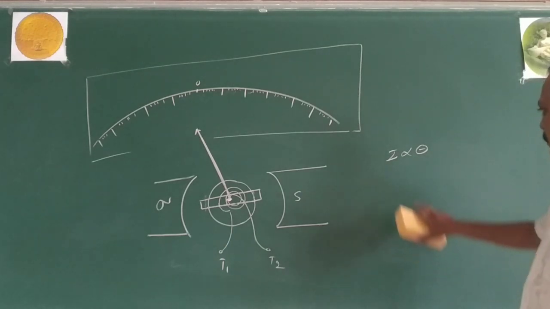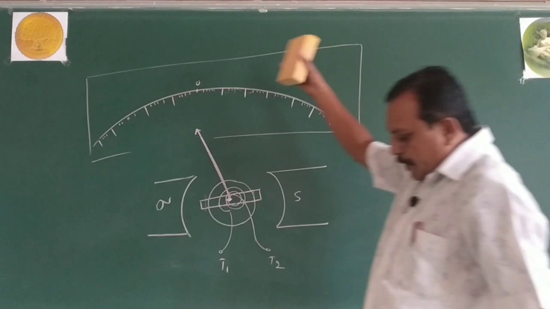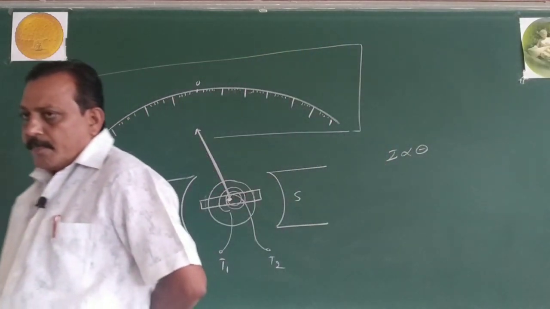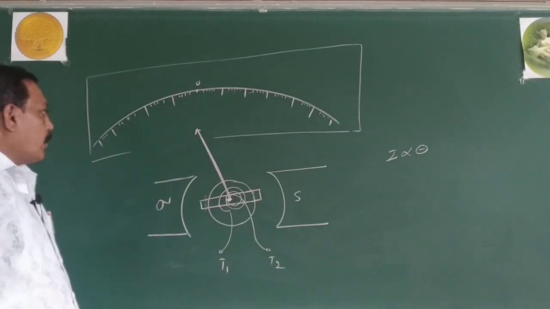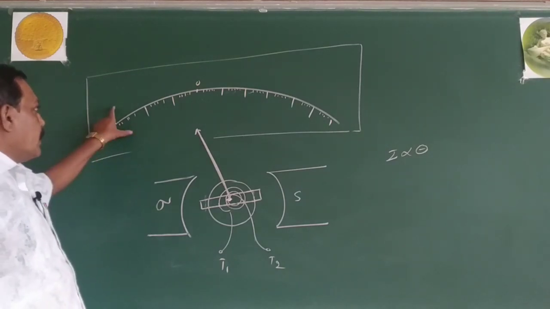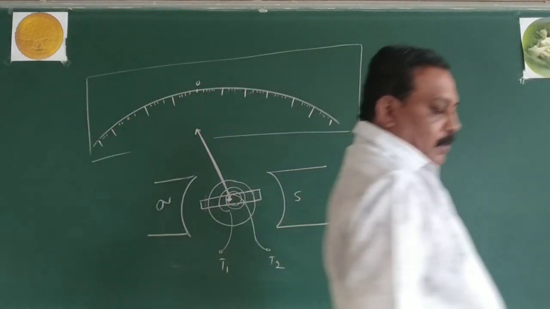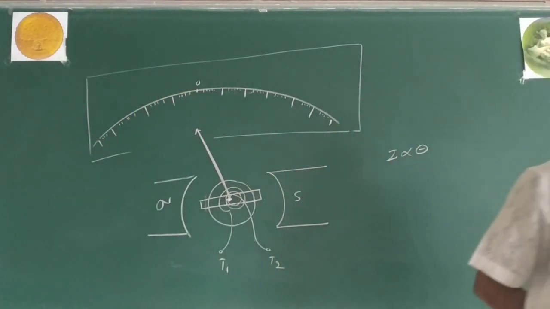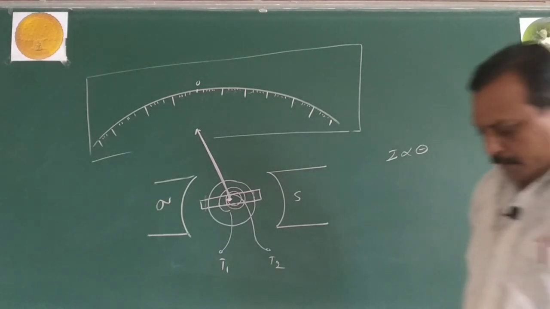It is based on the principle I is directly proportional to theta, and the complete apparatus is placed in a non-magnetic frame, an ebonite case provided with a window, so that we can easily see the movement of the pointer. Now this is our modified form of the Kelvin galvanometer, that is your laboratory galvanometer.